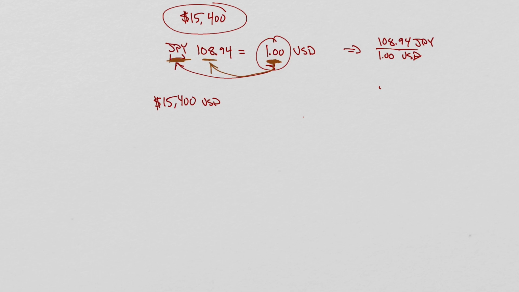If I'm going to go from USD to JPY, I see that 1 USD buys many more JPY. So if I'm going to go from 15,400 USD to Japanese yen, I know that I need to multiply because I expect that I'll be getting a bigger number in terms of yen. 1 USD buys a whole bunch of yen, so 15,400 USD should in yen be a much bigger number.